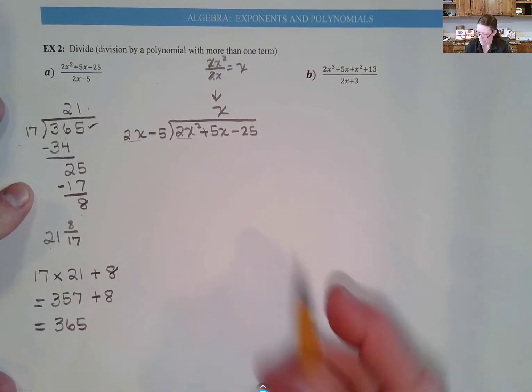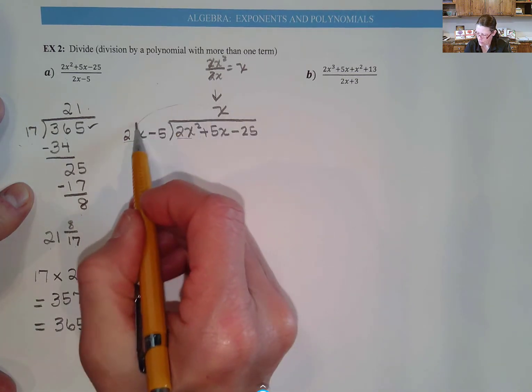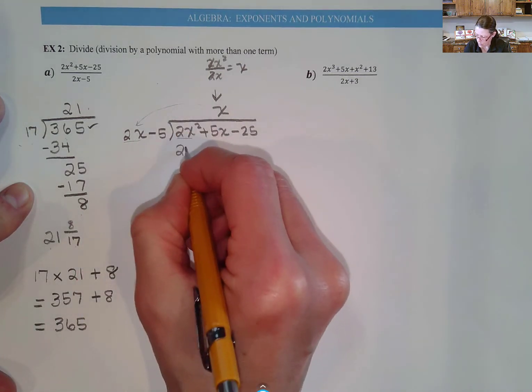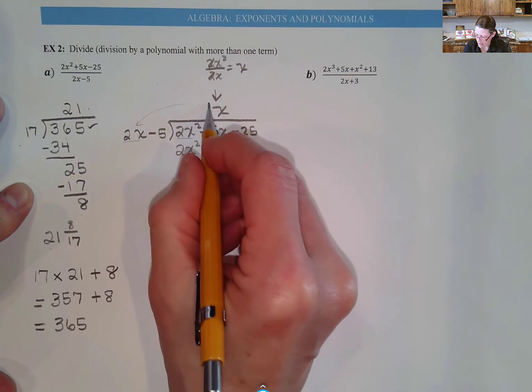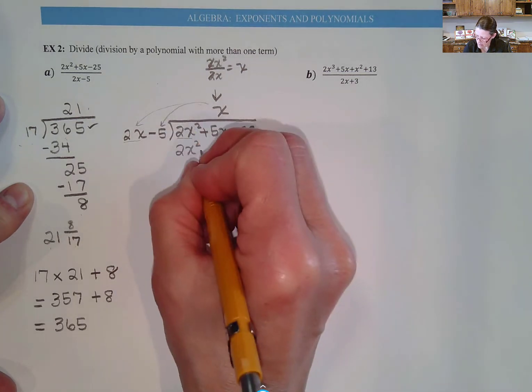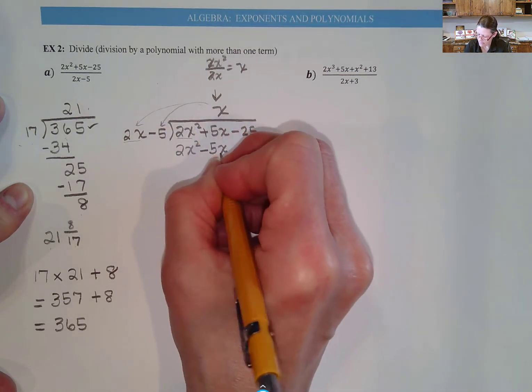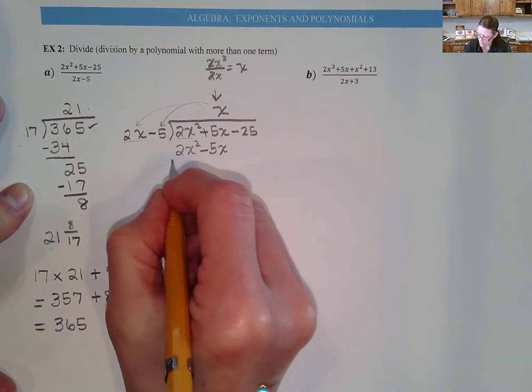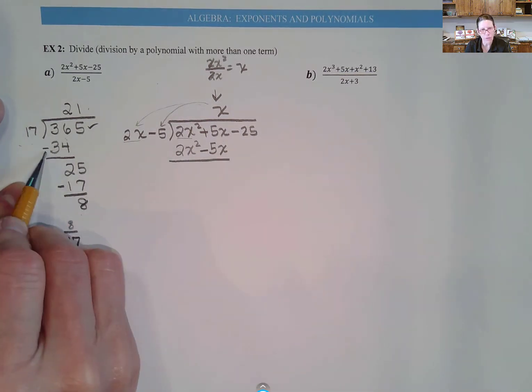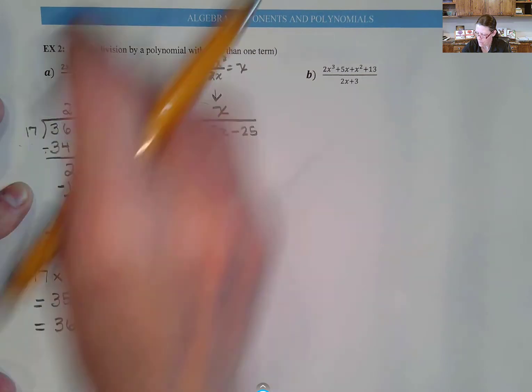Now we multiply back. X times 2x is 2x squared, and x times negative 5 is negative 5x. At this step, we subtract, just like we did with the numbers. Okay?